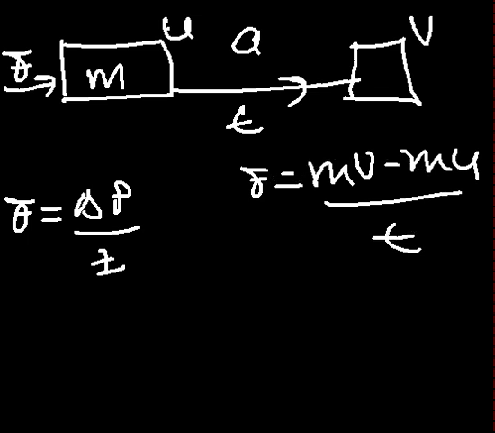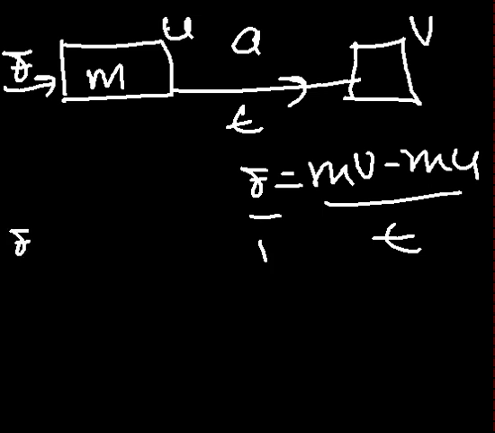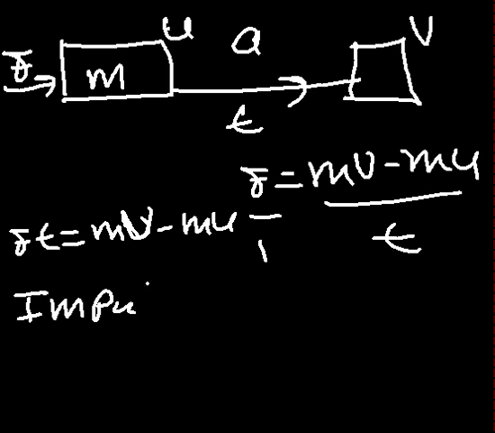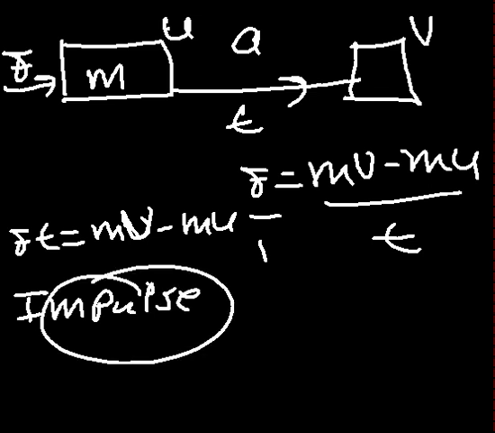And now let's think of having the cross multiplication. So now in this case, we'll have Ft is equal to mv minus mu. So what is Ft? Ft is what you call impulse. This is a very important quantity in physics.